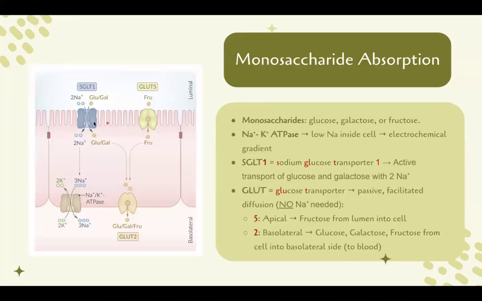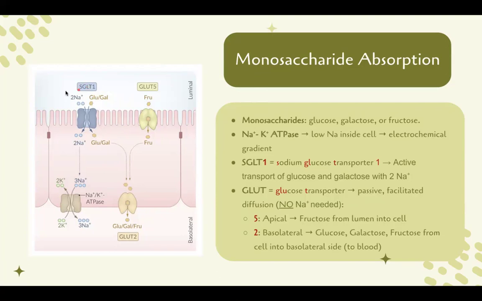Okay, we have channels or transporters, more correctly, transporters at the apical side. We also have other transporters on the basolateral side. We have two main kinds of transporters at the apical side, the SGLT1 and the GLUT5. SGLT1 is sodium glucose transporter 1. GLUT is basically glucose transporter, okay?